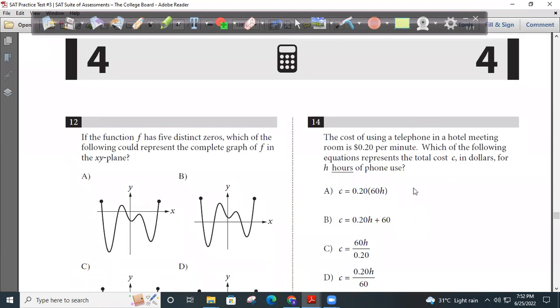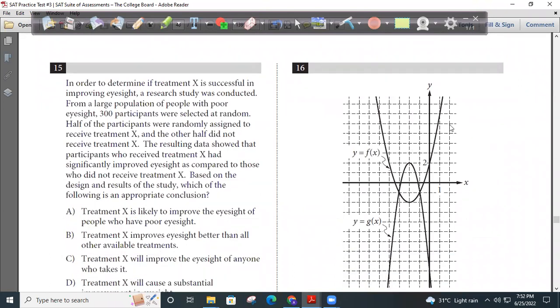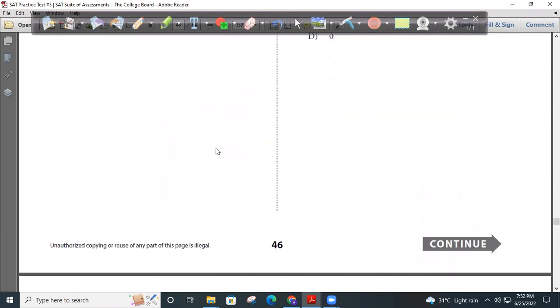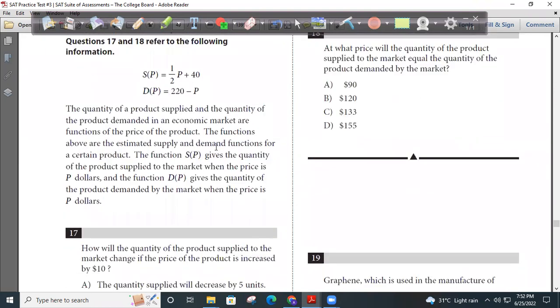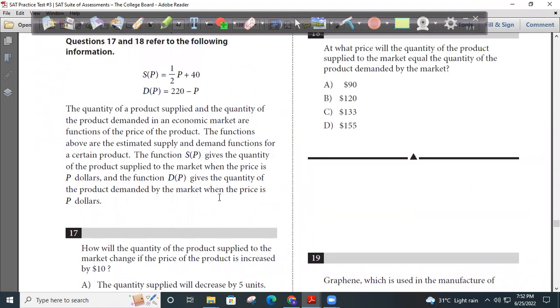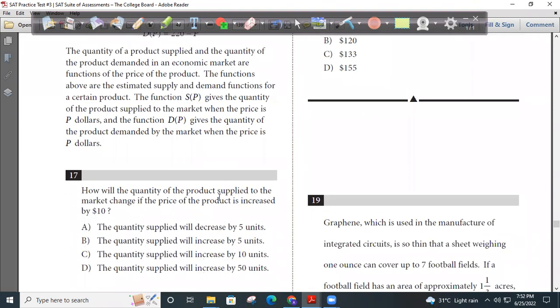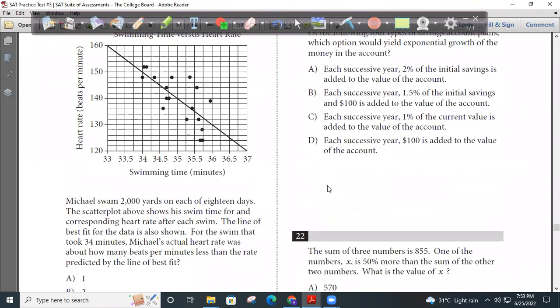The cost for the following, cost in dollars. These are quadratic functions. This is a theory question. Next class I'll discuss how to solve the theory questions that you are going to get as part of the exam. How will the quantity of product supplied to the market change if the price increases by $10? This is supply and demand.